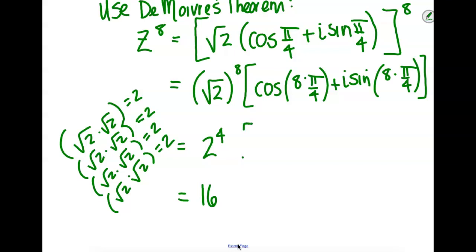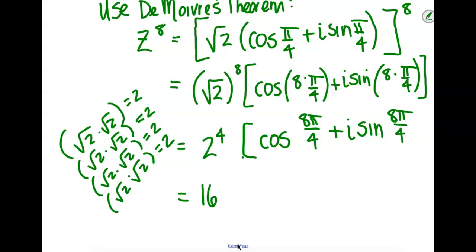Now we're going to go inside the bracket and simplify the cosine of 8 pi over 4. So that's 8 pi divided by 4, plus i sine of 8 pi over 4. Continue simplifying. We simplified that 2 to the 4th, which is 16.